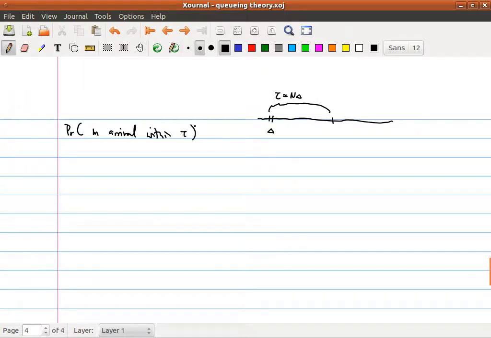So the probability will be based on these n intervals. Out of these n intervals, m of them have to have an arrival, and the rest have no arrival. So this is just a combinatorial problem.